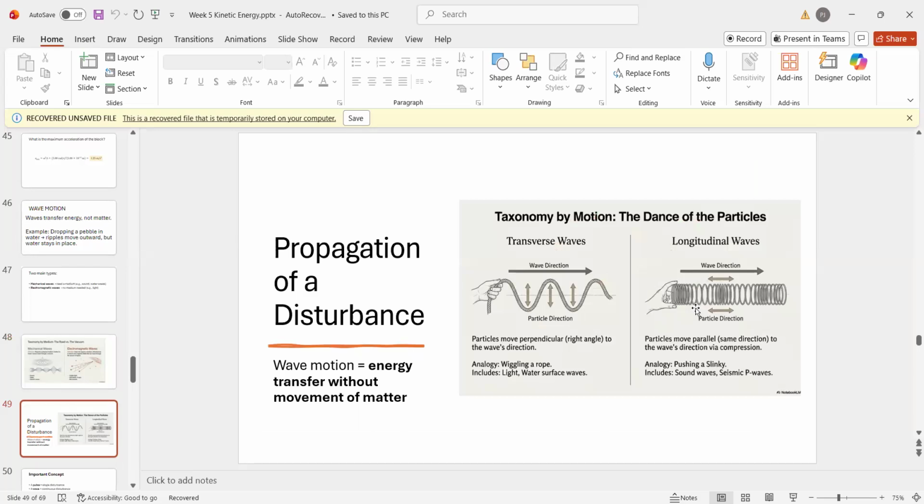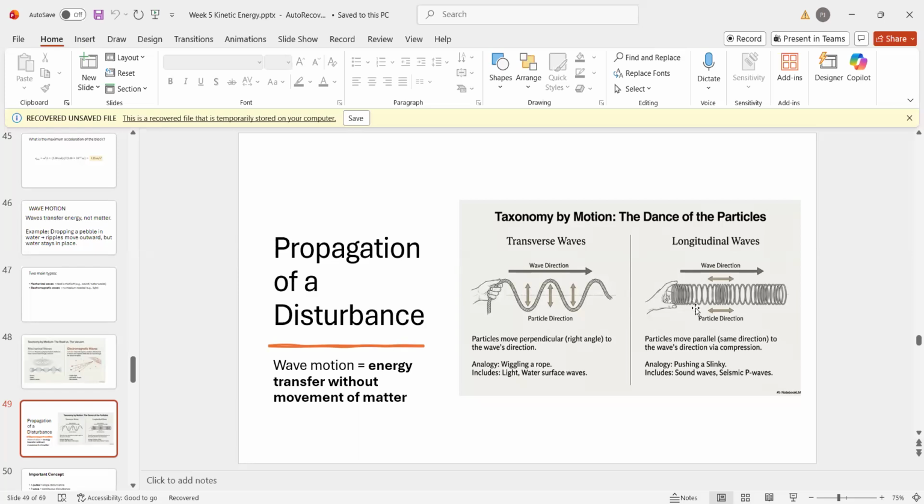So propagation of disturbance, the wave movement, we have these two types, based on the direction of the particles. So we talk about transverse or longitudinal. When you say something is transverse, the particle is moving perpendicular to the wave direction. So you are using a rope and you are waggling the rope.